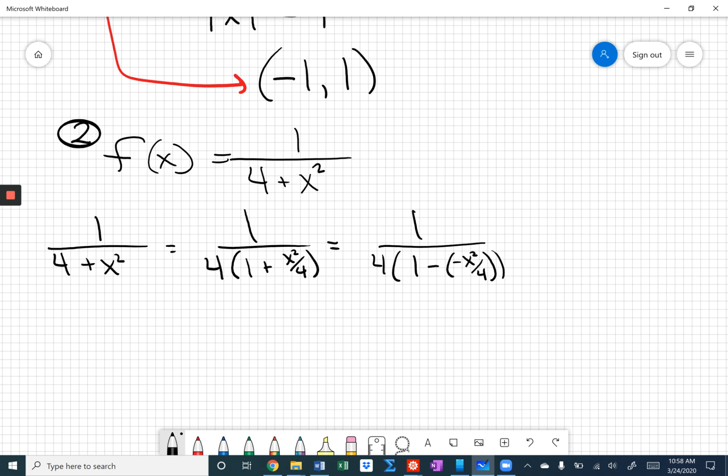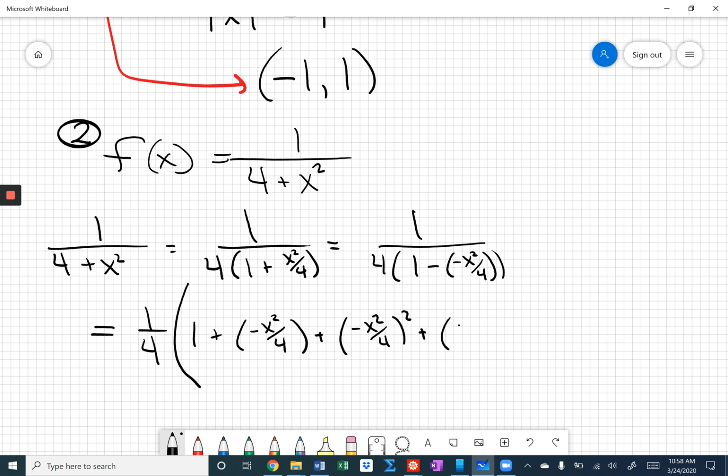Now that we have this structure, we're going to have 1/4 times, and here we still have our 1 minus something. So this is going to be 1 plus something plus that something squared plus that something cubed and so forth on down to that something raised to the nth power and so forth.